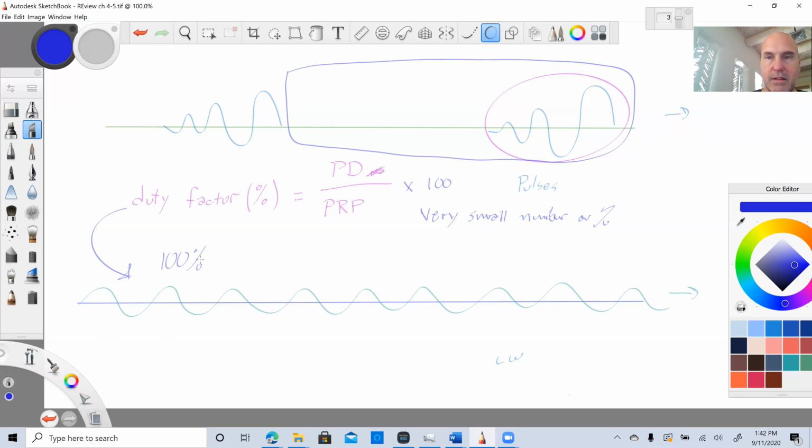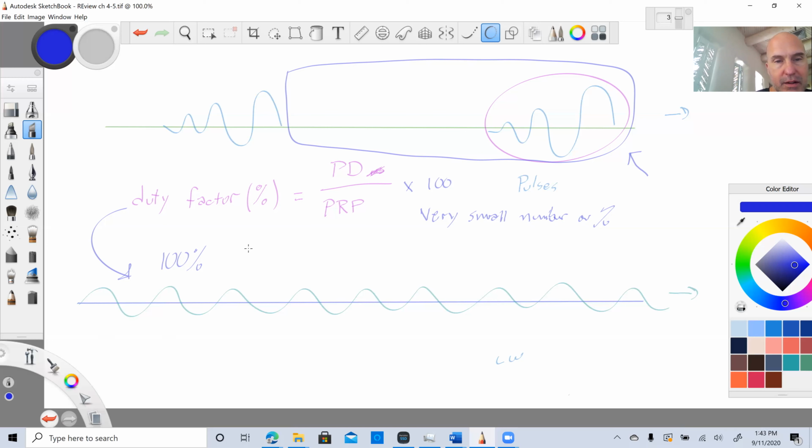Why? Look at this. Up here, we divided a very small number by a large number, or we divided this very small section of pulse by the pulse and all the listening time. Down here, where's the pulse? Where's the listening time?